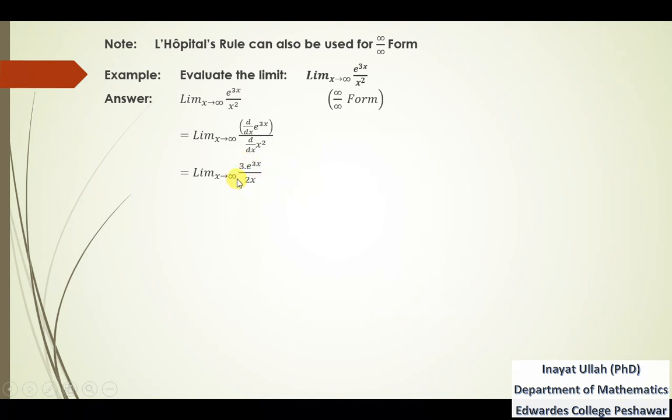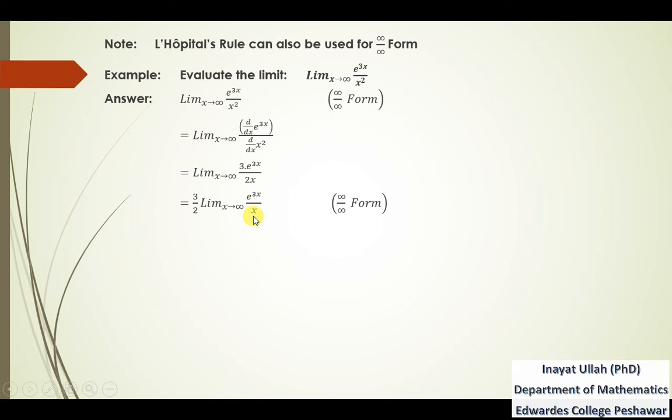And whenever you replace x by infinity here, 2 into infinity is infinity, and the denominator is again infinity. 3 by 2 is a constant, so we write 3 by 2 outside this limiting value. And this is again infinity by infinity form.